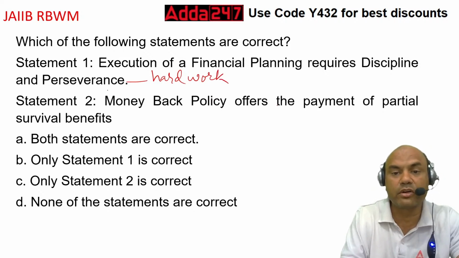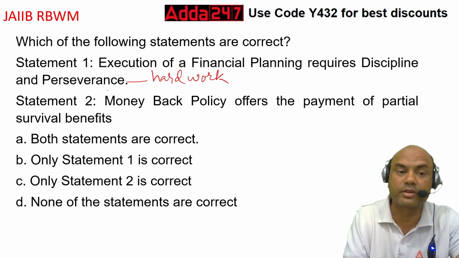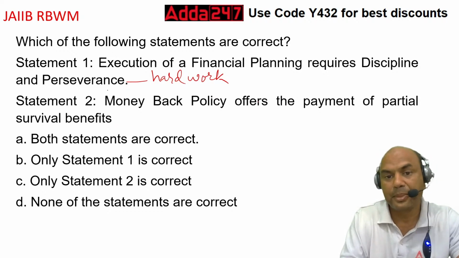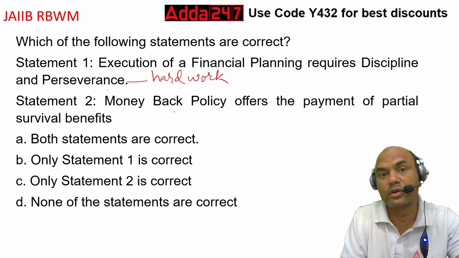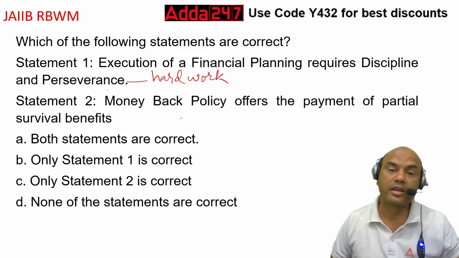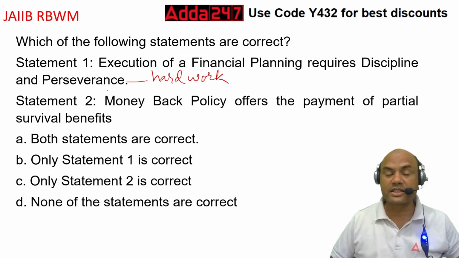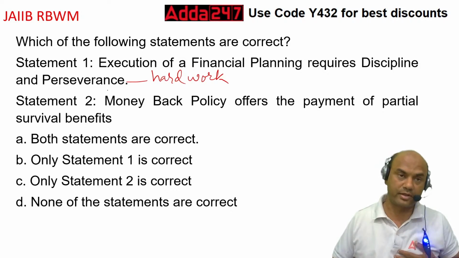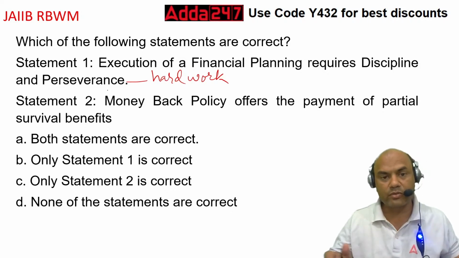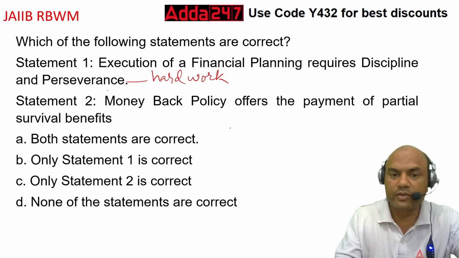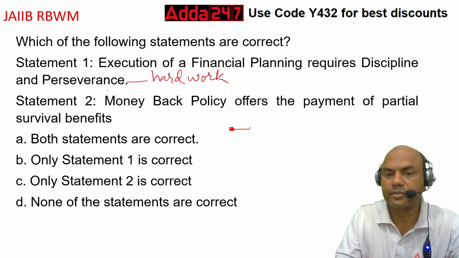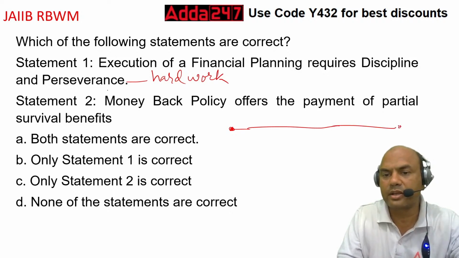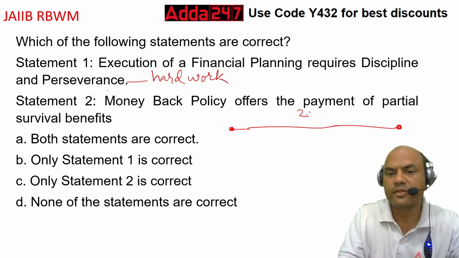Statement 2. Money back policy offers payment of partial survival benefits. Money back policy is related to your insurance. It offers payment of partial survival benefits because I have survived. See here, what is money back policy? If I have taken an insurance for, let's say, 20 years, money back means what?